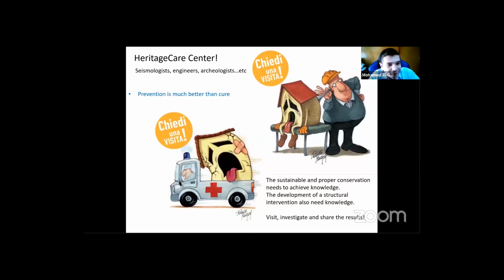I will talk about disaster risk mitigation in Cairo, especially. In disaster mitigation, we always go to the doctor to look after ourselves and be in good shape. The same thing we have to do for buildings. As you see in this cartoon, buildings can also suffer from diseases.